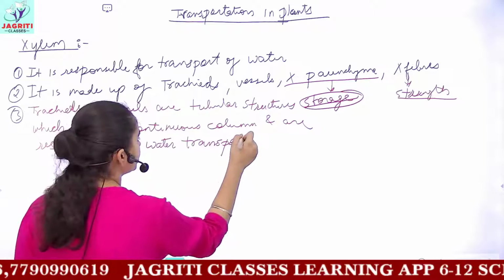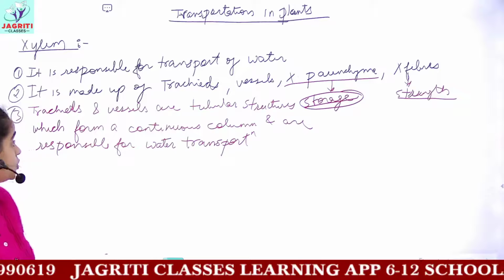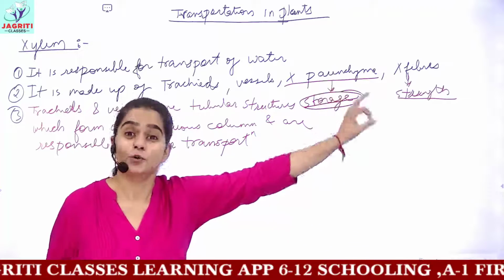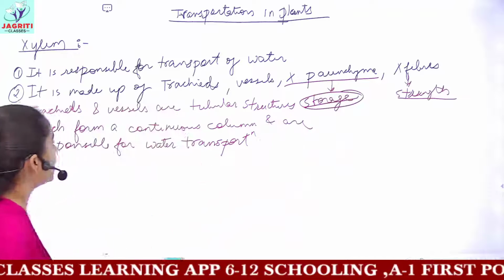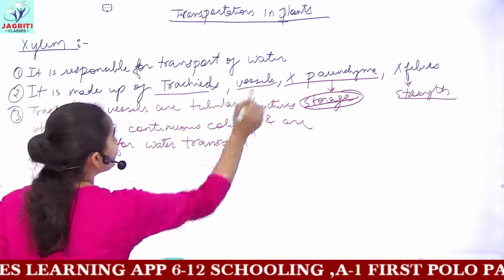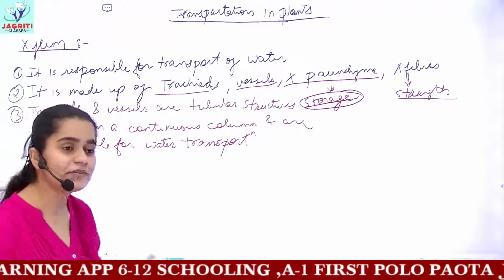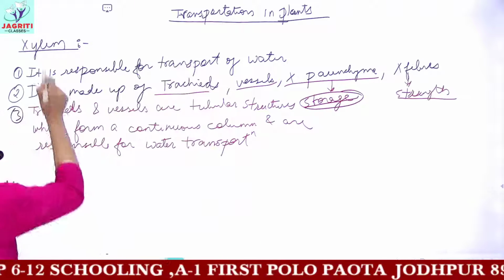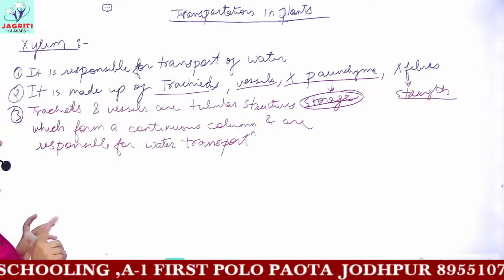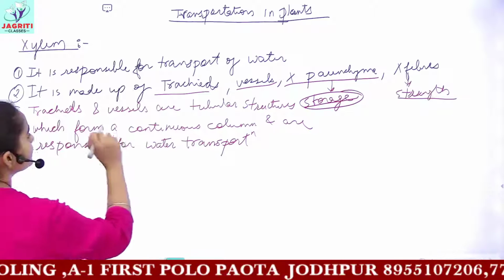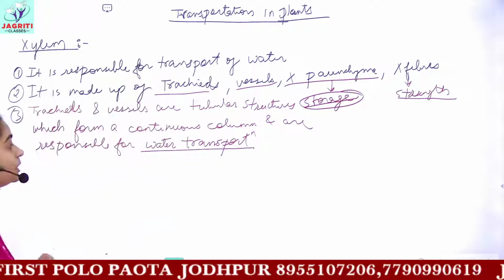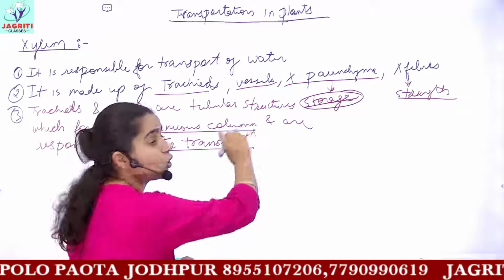Parenchyma and fibers, I already told you their function. Now we have the 2 things left, tracheids and vessels. These are the cylindrical tubular structures present in xylem, and they are responsible for transporting water because they form a continuous column.